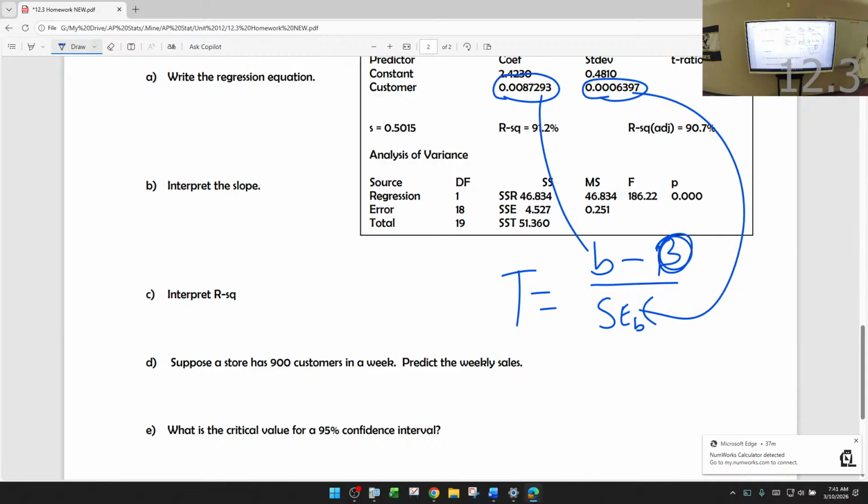I think it's either 3 or 4 questions. T-value, p-value, critical value. If you can do those three things, you should be able to get everything else from that.